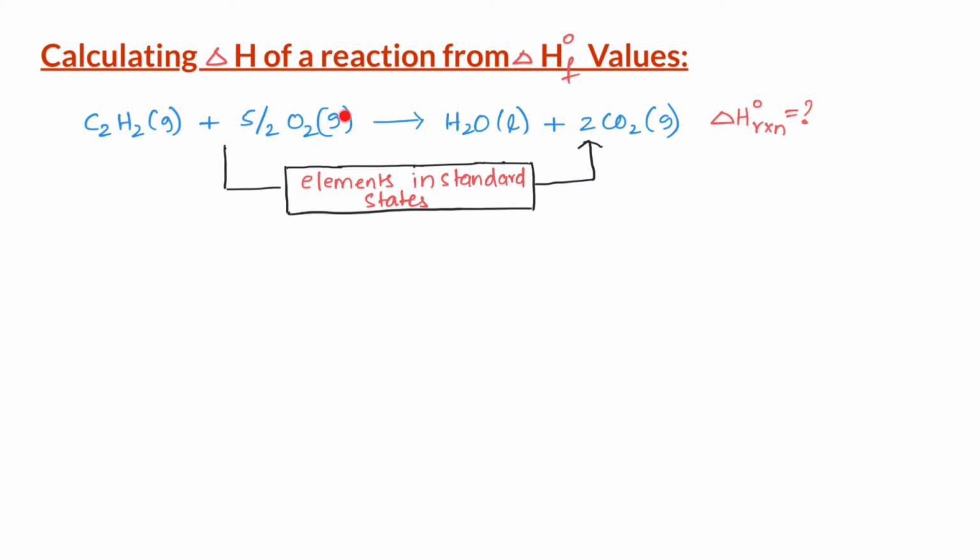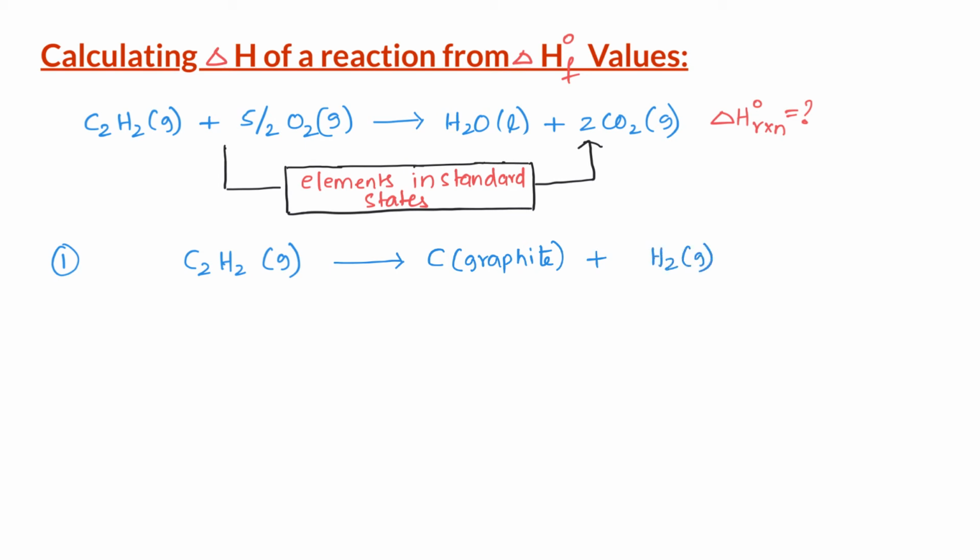Each reactant will be first converted into respective elements in their standard states. This is sort of like writing the formation reaction but in the reverse way. C2H2 gas has carbons and hydrogens. The standard state of carbon is graphite and the standard state of hydrogen is H2 gas.